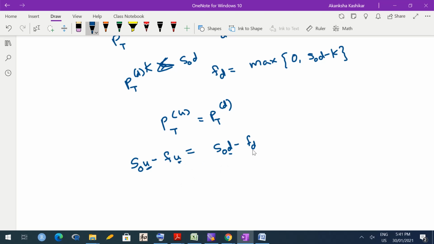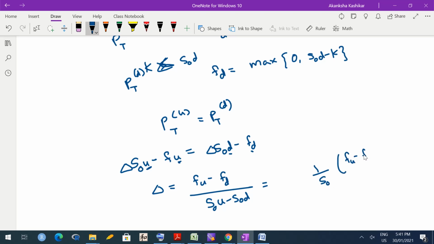Similarly, this D is a multiplier whereas this D is a subscript. Of course delta is there because we have delta shares. So delta becomes FU minus FD divided by S0U minus S0D, which is 1 by S0 times FU minus FD divided by U minus D.